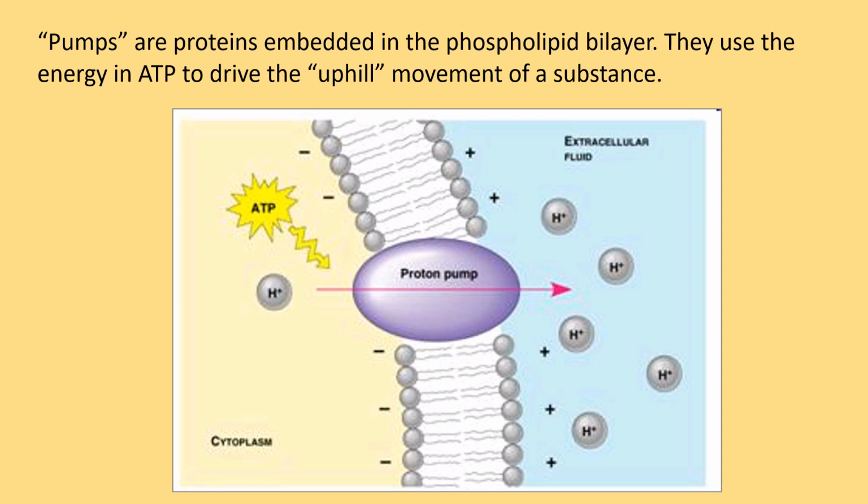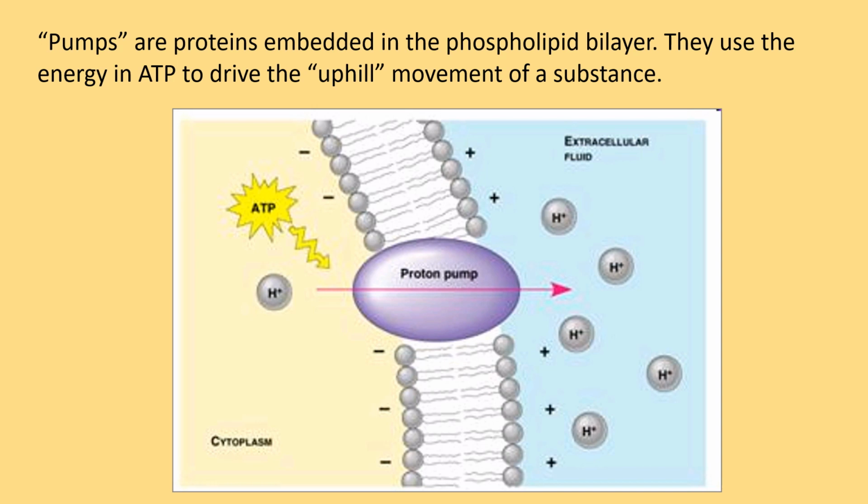Notice also in this image, there is a molecule of ATP. So pumps are also ATPases. And I hope you remember that "ase" often refers to the fact that a protein is an enzyme. So an ATPase is an enzyme that can cleave ATP. So built into this proton pump is an ATPase.